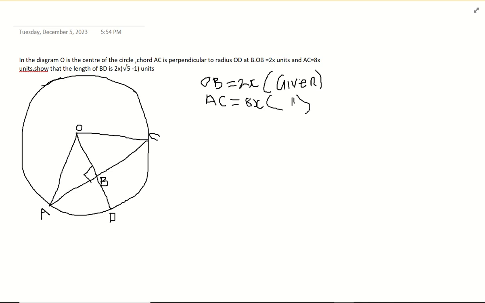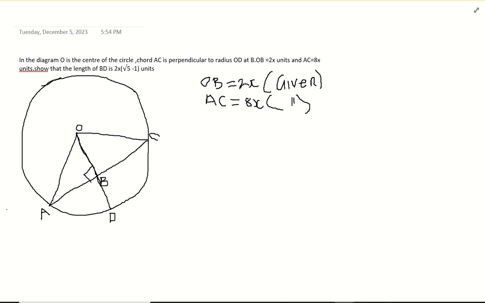exam. So the next thing that we can see, as you can remember, theorem 1, the converse of it states that the line drawn through the center of the circle and perpendicular to the chord bisects the chord. Then the line drawn from the center of the circle perpendicular to the chord is this line OD, and it is perpendicular to chord AC.